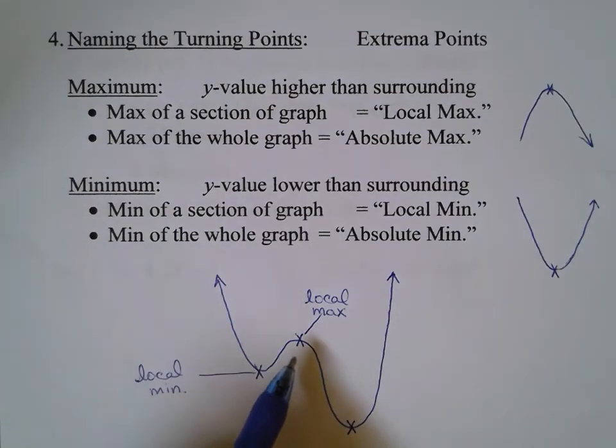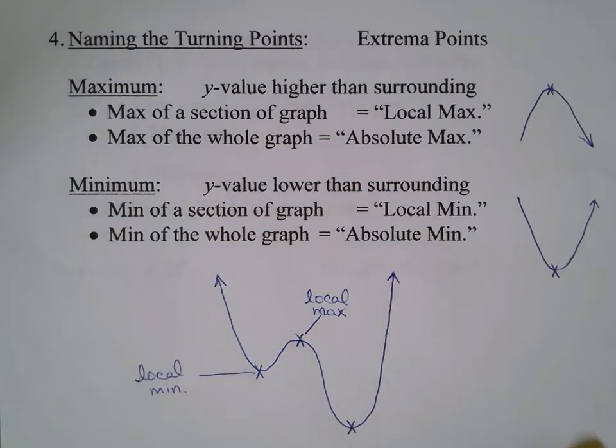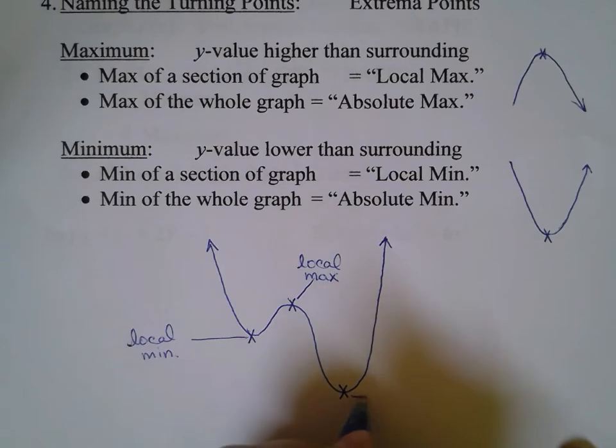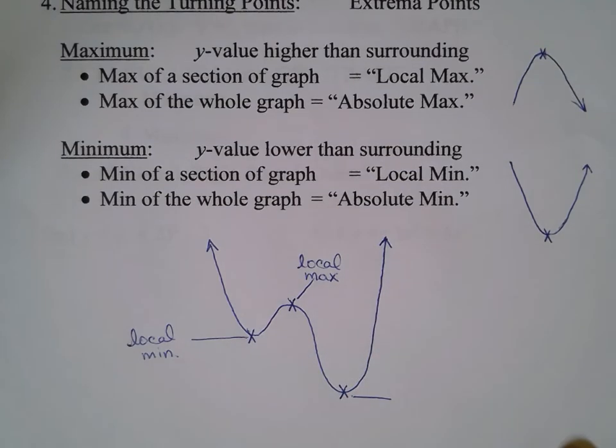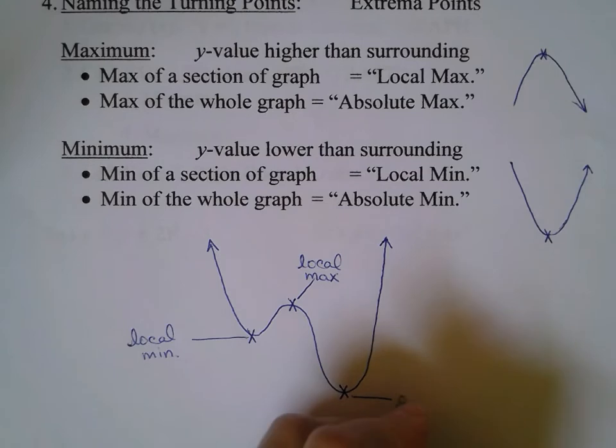In all honesty, there is no absolute maximum for this graph because the ends go off to infinity. So there isn't a highest point. Okay, what about the last one? It's a minimum. And if this is the lowest point on the whole graph, there are no sections of the graph below this point. So this is an absolute minimum.